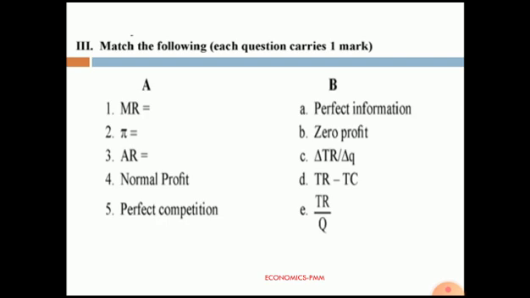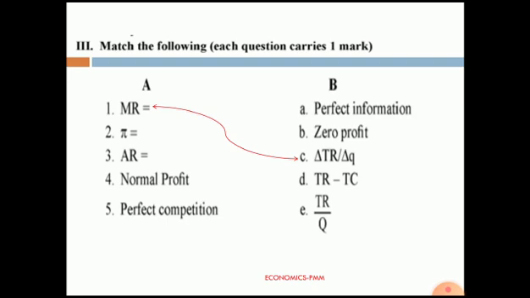So marginal revenue is nothing but, here the correct match is its formula, that is delta TR divided by delta Q. It means anything additional you are adding to the total revenue, that is your marginal revenue. Next, in previous slides we have come across this symbol.